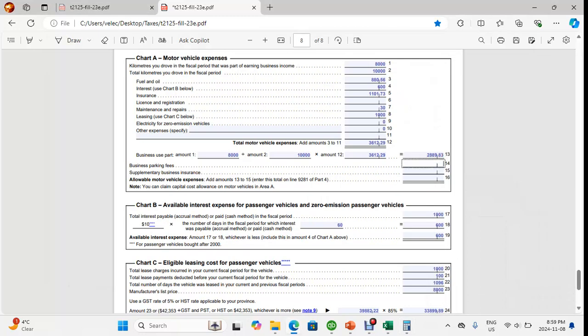All right, your business parking fees will stay as they are, as we're not declaring any parking fees to claim as an expense item. Your supplementary business insurance.